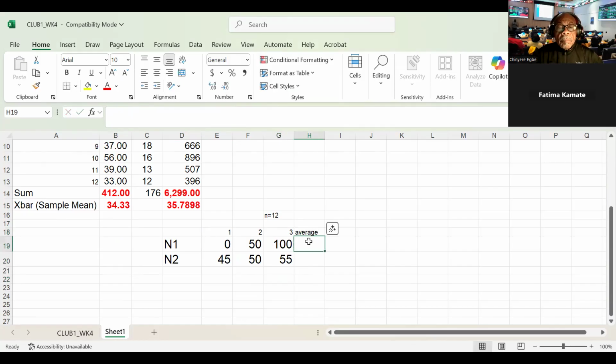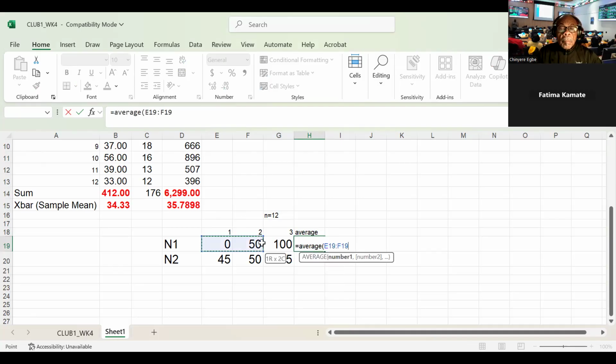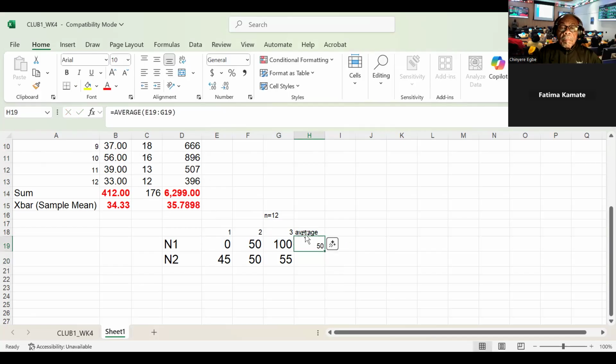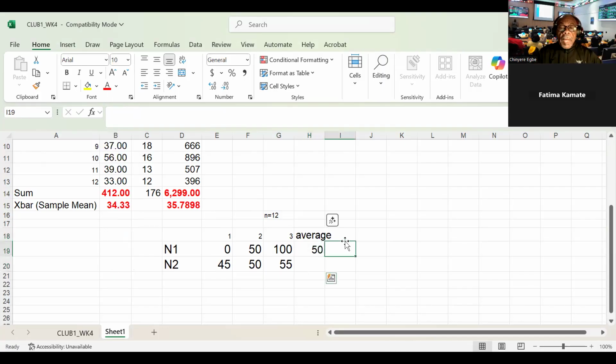So the average income in this neighborhood is 50.